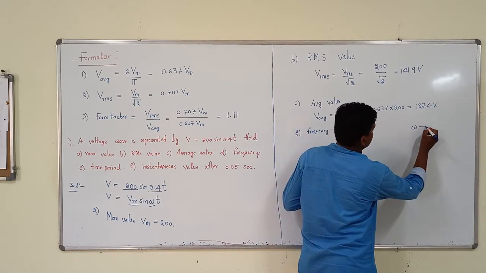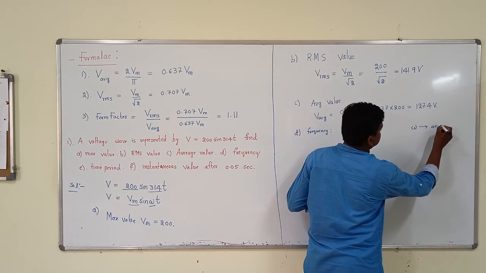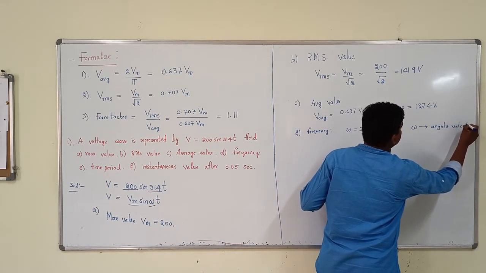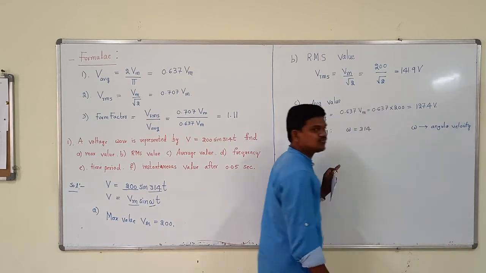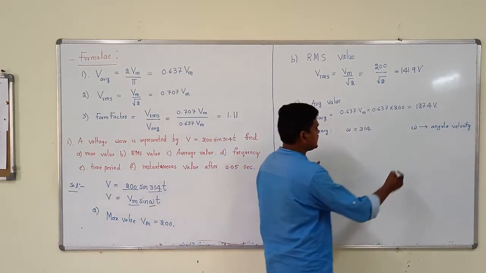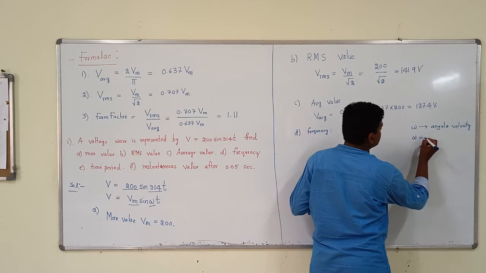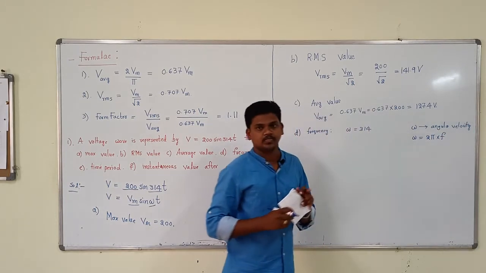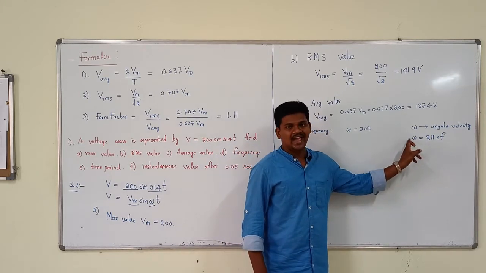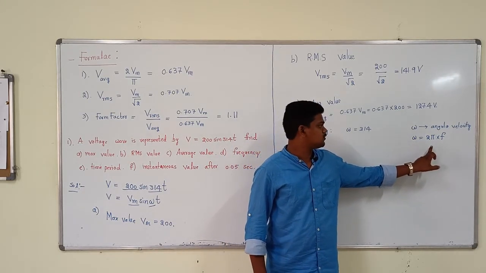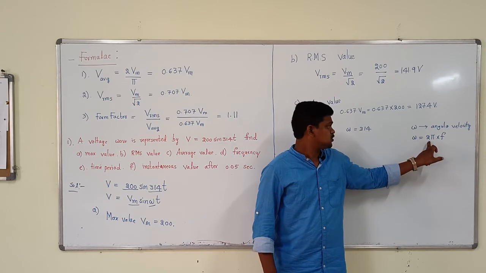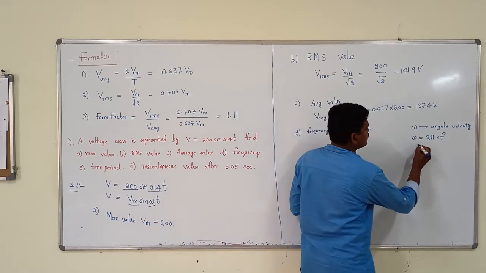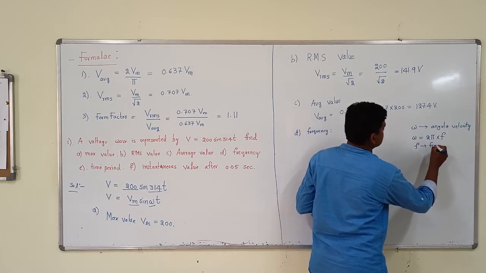The relation between angular velocity and frequency is omega equals 2 pi f, where f is the frequency.